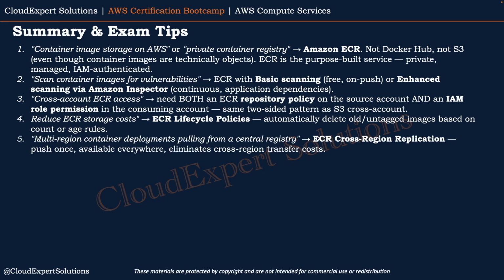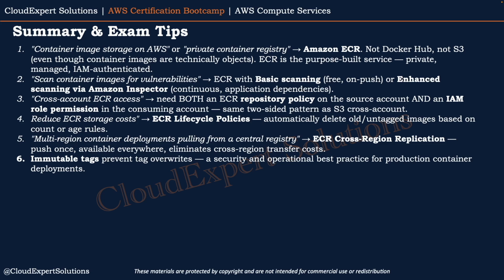If you see phrases like multi-region container deployments pulling from a central repository, then you should check if the option talks about ECR cross-region replication, because you push to one repository and it is available everywhere, which will eliminate any cross-region transfer cost. And last but not least, immutable tags. This is very important. Immutable tags are used to prevent overwrites, and for any production workloads you are running in containers, you should enable immutable tags.